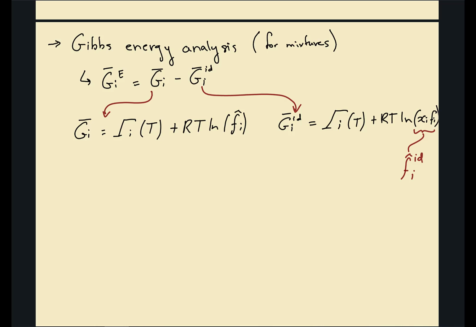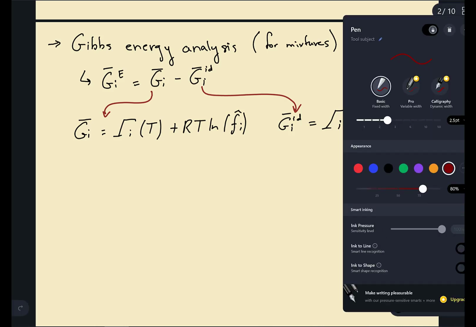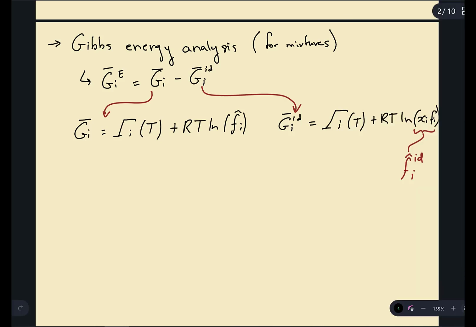Now we're going to subtract these two equations from each other to get the excess equation. We saw this in the previous lecture, but we're going to do it here in detail so that you can see it. We subtract the two, and what we get is the following.